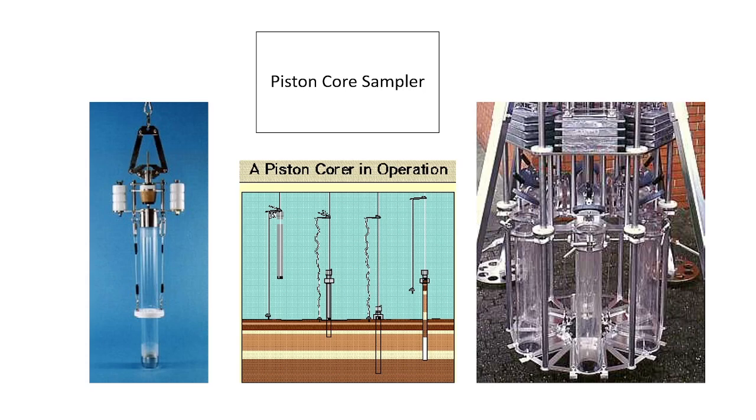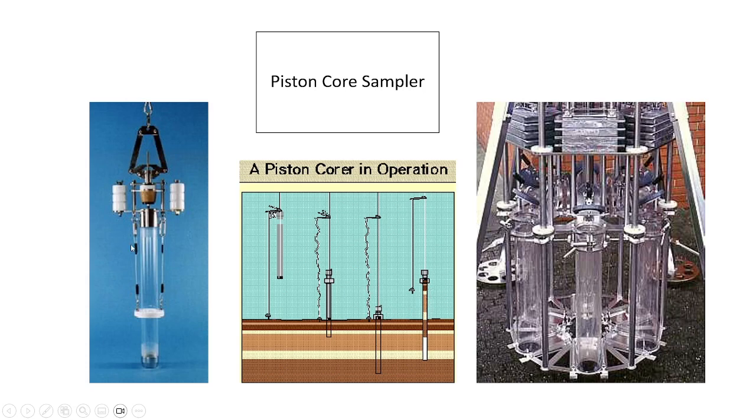So in piston core sampler, what kind of sample are we getting? Very good, very undisturbed. We can't say any sample is fully undisturbed, but we get minimal disturbance in this. The sampling tube is penetrated, then suction pressure is given, and when we pull it out, because of the suction pressure, the sample is retained in the sampling tube.